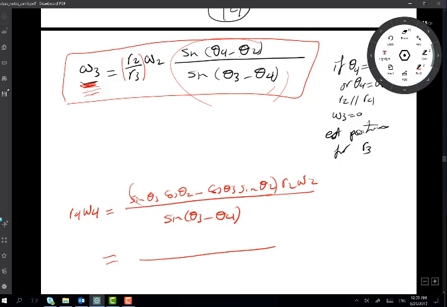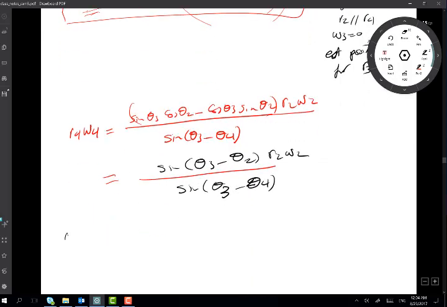So here I have sine theta 3 minus theta 2 times R2 omega 2 over the Jacobian of the linkage, which is that, right? Meaning that omega 4 is equal to R2 omega 2 over R4.